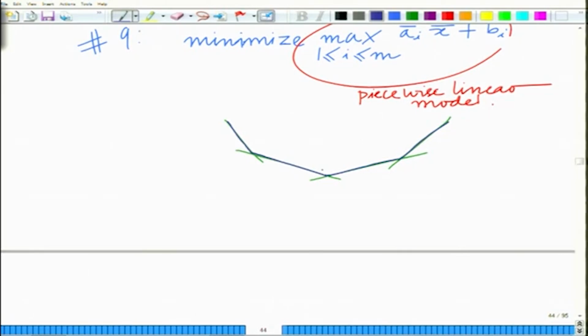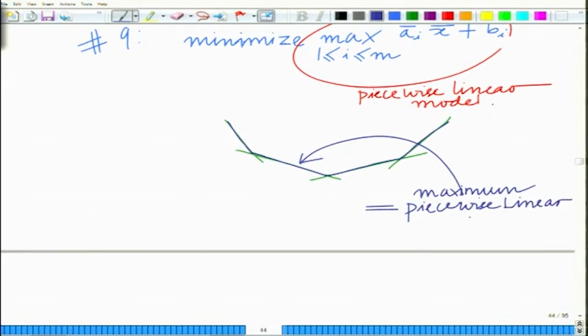So, these are m different lines and this is how the maximum looks, and you can generalize this to n dimensions for hyperplanes. This maximum is not exactly linear, it is piecewise linear. So, in each segment you have a linear characteristic.